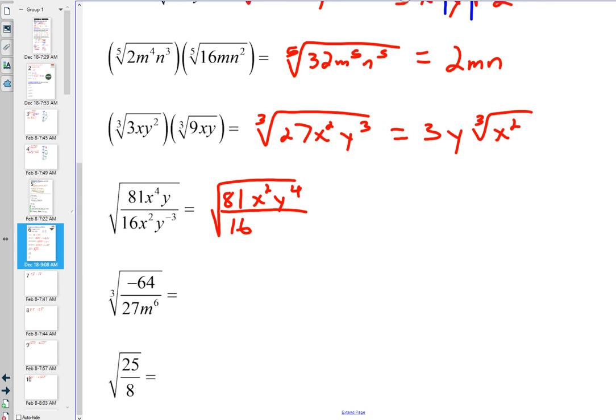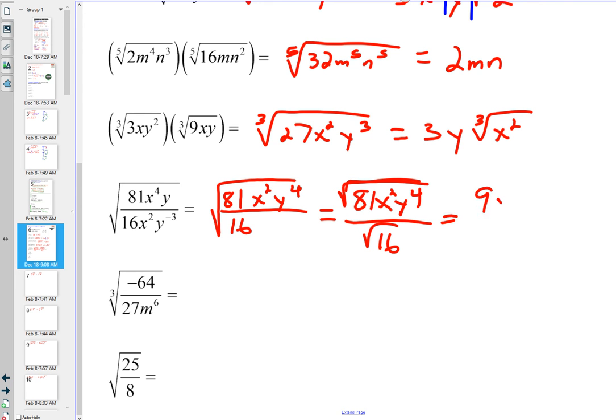Now I could distribute that square root. The square root of 81 is 9. Basically what I'm doing is just taking the square root of each.